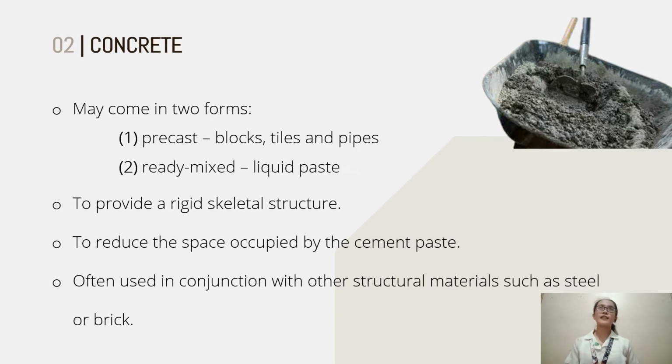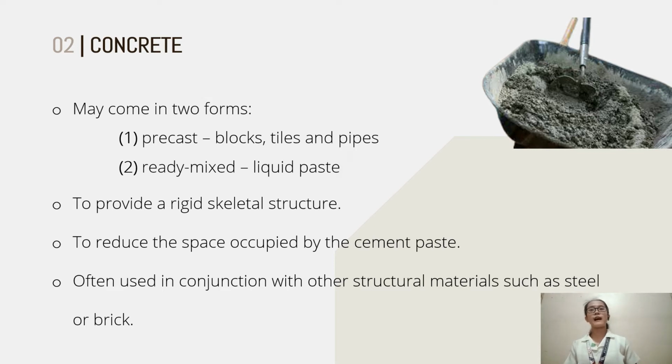And aggregates in concrete are also used to reduce the space to be occupied by the cement paste. The smaller the aggregate size, the greater its surface area, so the more cement paste that will be needed to bind it all together.